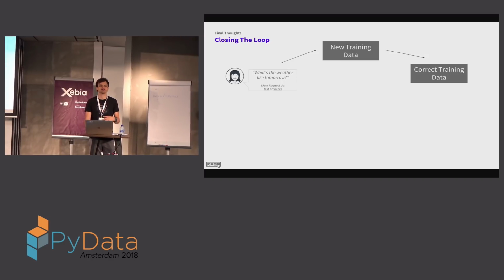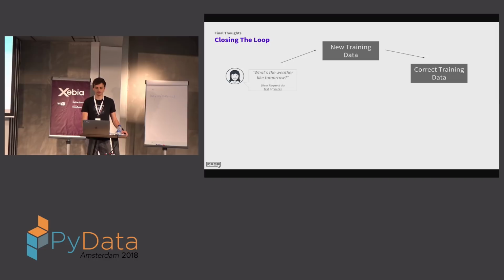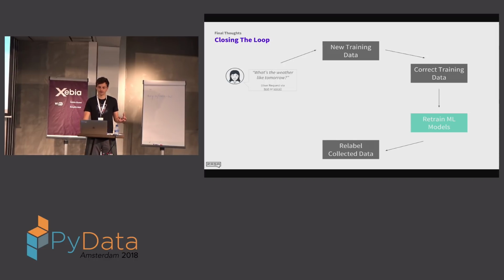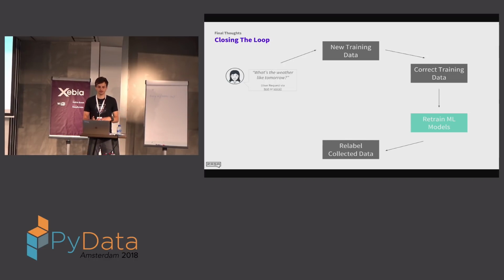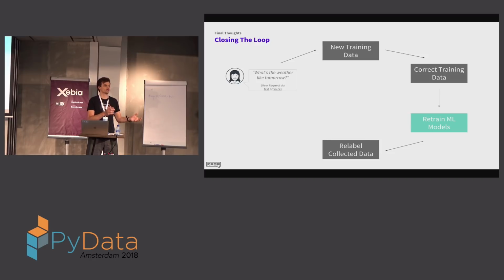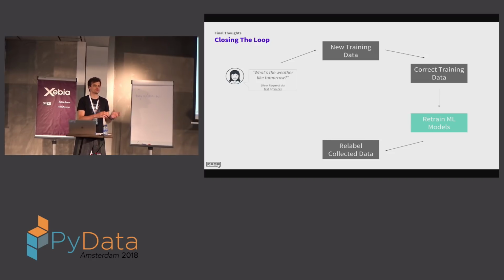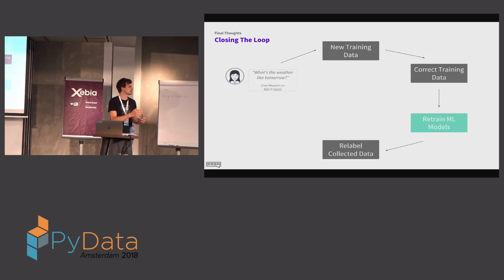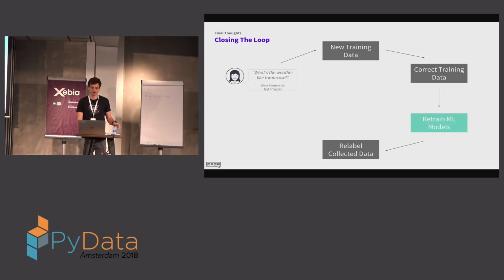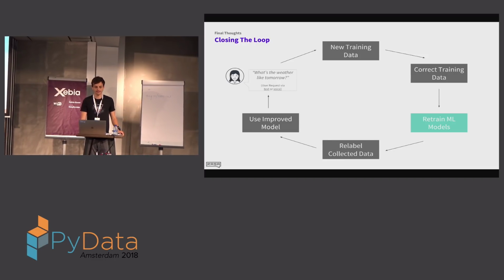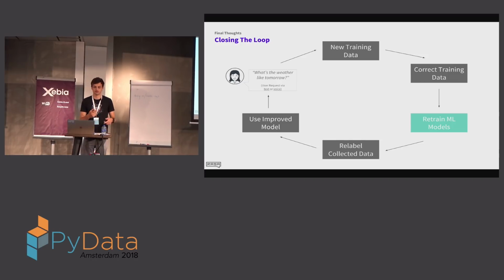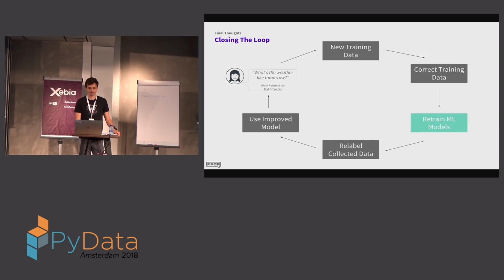Create new NLU annotations, create new dialogue stories, retrain your models, relabel your collected data, right? Let's say you've collected 1,000 messages from users, you've retrained your models, you want to relabel them to then see, okay, which of them are still wrong. And then you can use that improved model to continuously improve your bot.